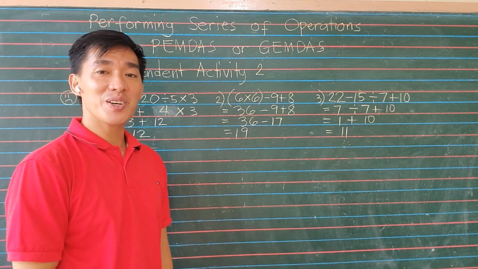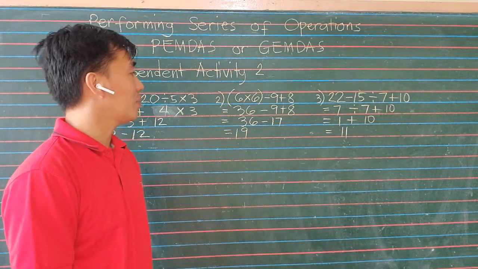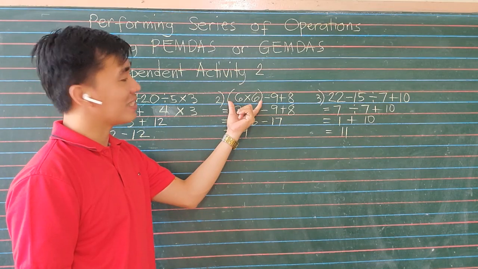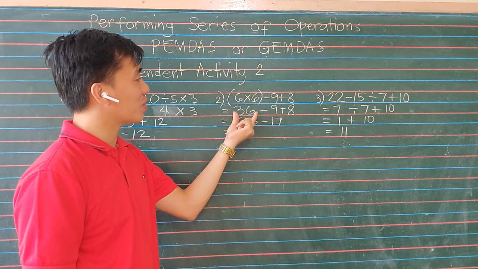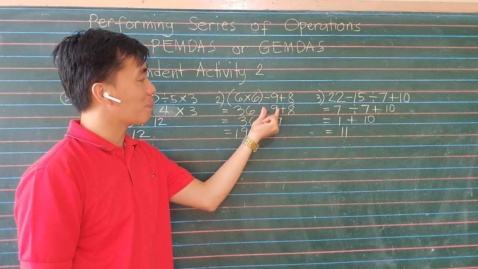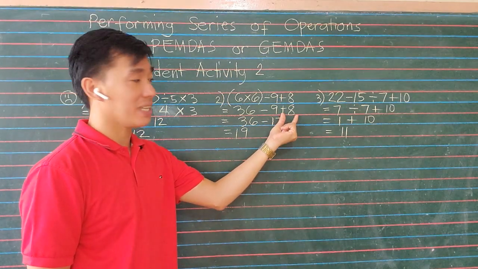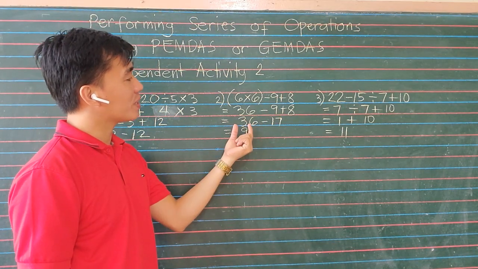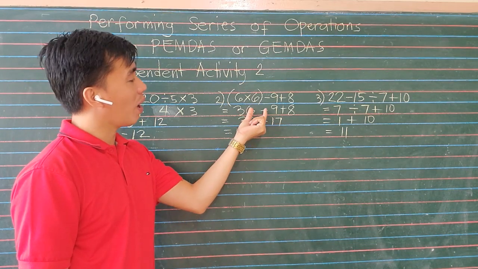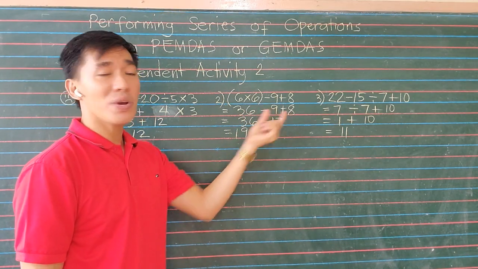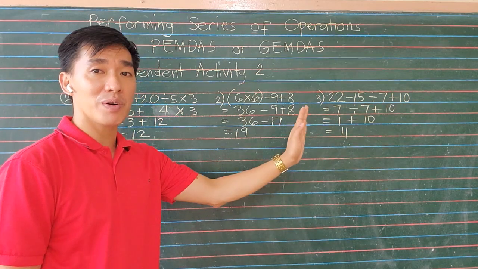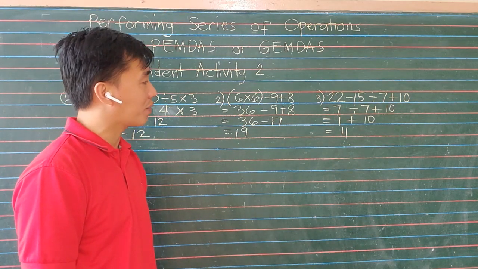Let us now answer your independent activity 2. So, we have here a parenthesis for item number 2, so that's correct, 36. You just copy minus 9 and plus 8. After that one, of course, remember that if we do have subtraction or addition, whichever comes first from left to right order should be done ahead of the other.